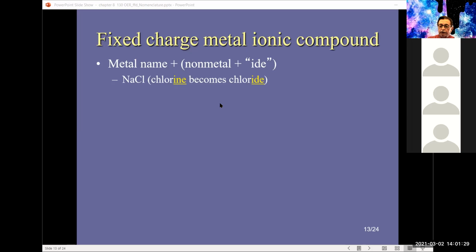So chlorine becomes chloride. So the name here is sodium chloride. The name here would be, we got potassium and bromine, which is now bromide. So that's potassium bromide. We have magnesium, then we have oxygen.